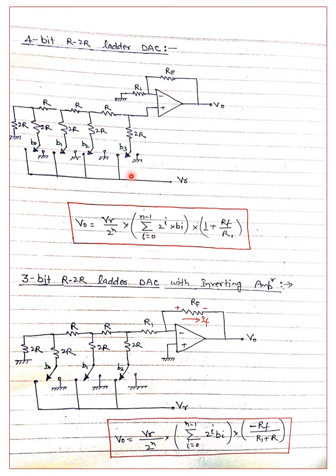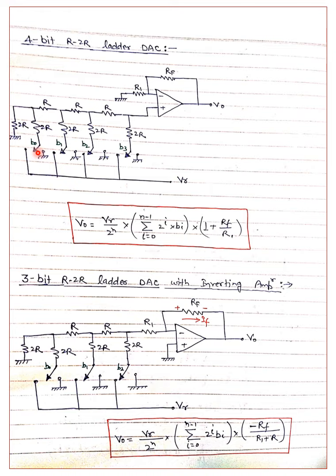B3, which is connected nearest to the reference voltage, is the MSB, and B0, which is far from the reference voltage, is known as the least significant bit or LSB.